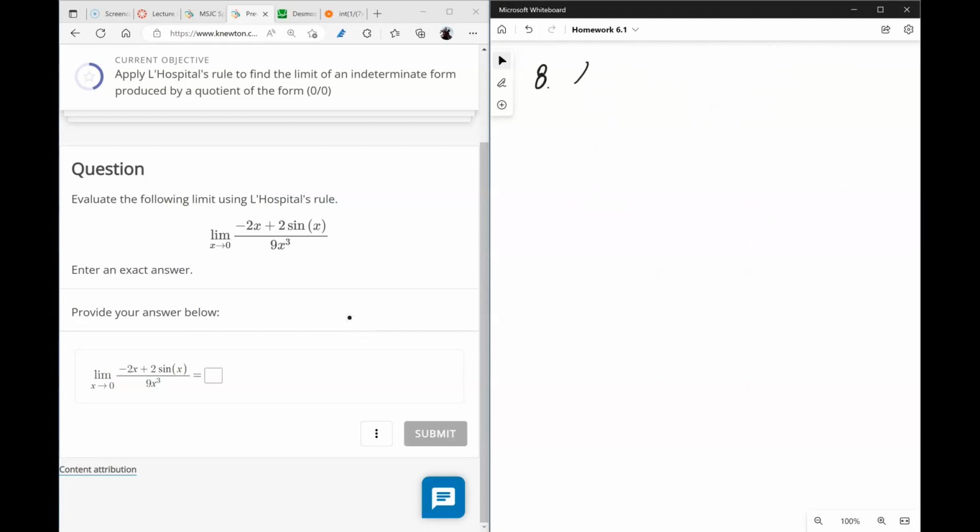Let's try another one. Here we have 0 over 0. So that means we can use L'Hopital's rule.